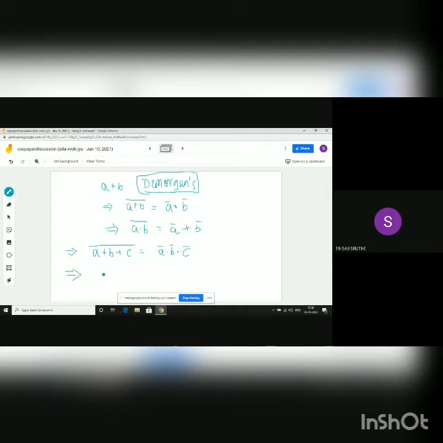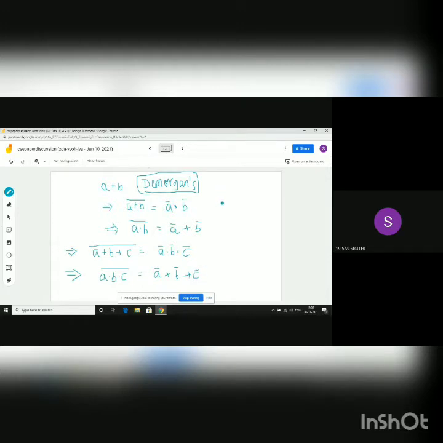Similarly, A dot B dot C whole complement becomes A complement plus B complement plus C complement.